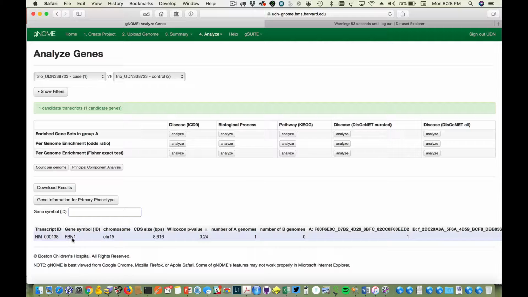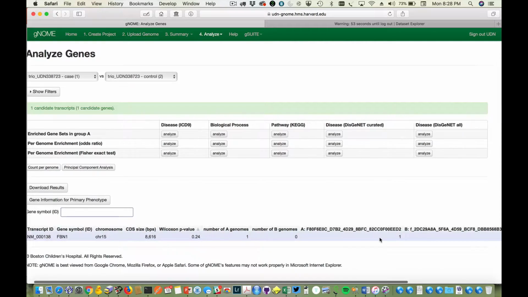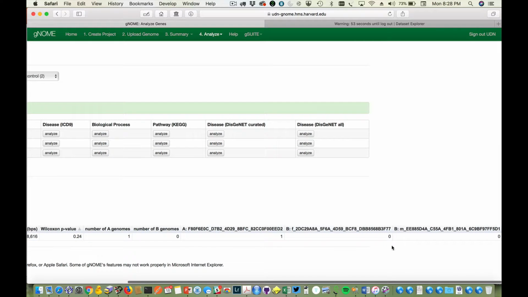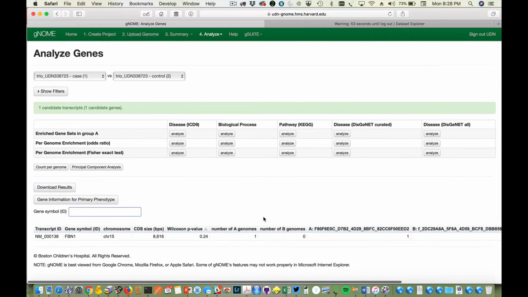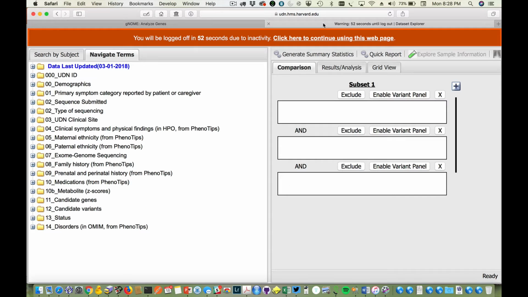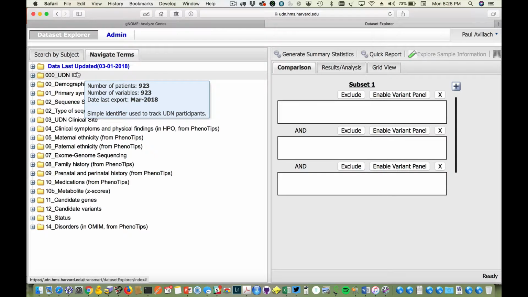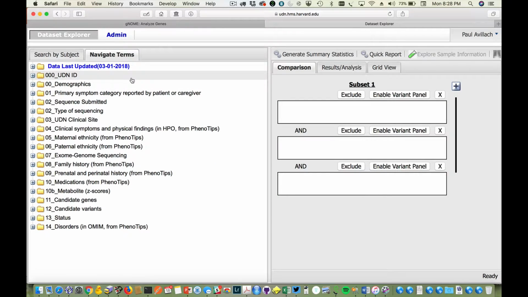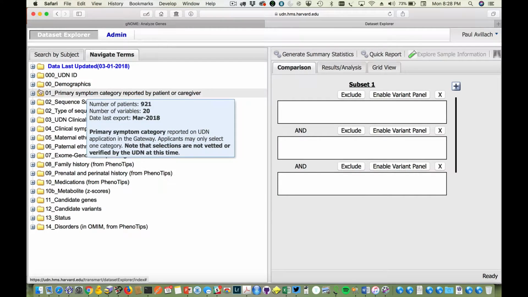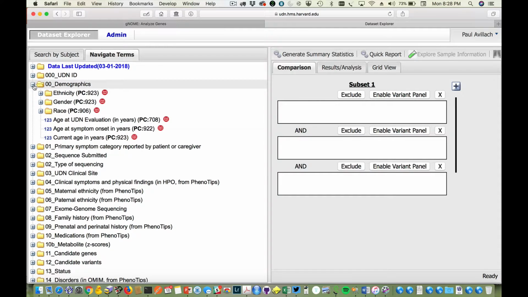That's where you can find that the FBN1 gene was affected in the proband and not in the unaffected parent. So this is an example of using the VCF data, and now looking at the population level, where I can explore all the data coming from all the demographics across this UDN database, where more than 923 patients have been integrated.